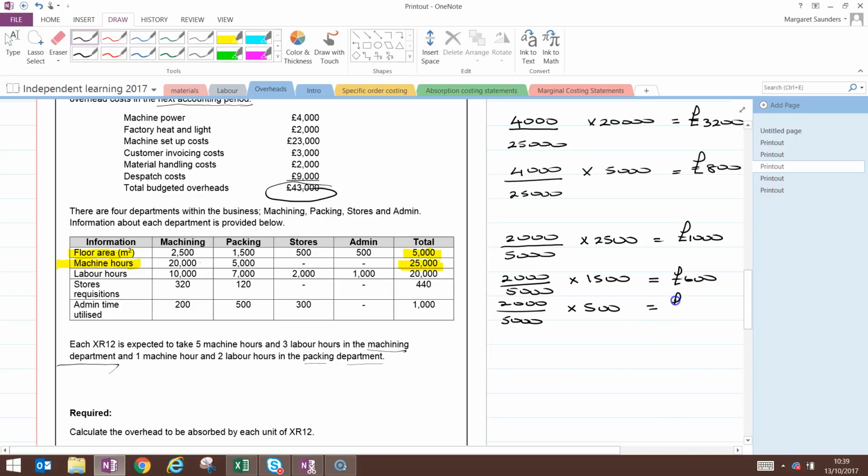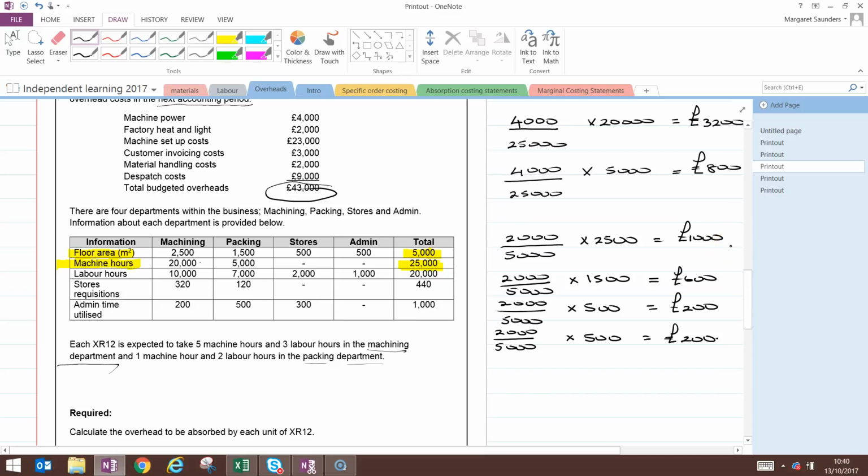That equals 200, and £2,000 of overheads divided by 5,000 and multiplied by the floor area of admin, £200. So we have apportioned £2,000 of factory heat and light across the 4 departments based on floor area.